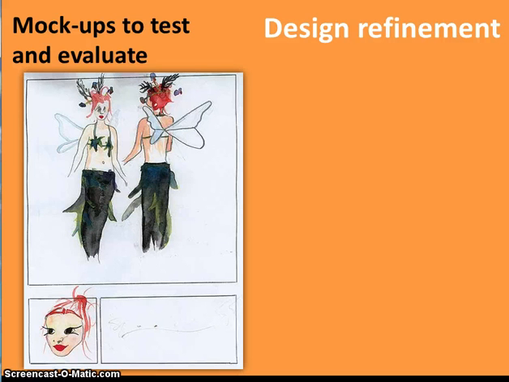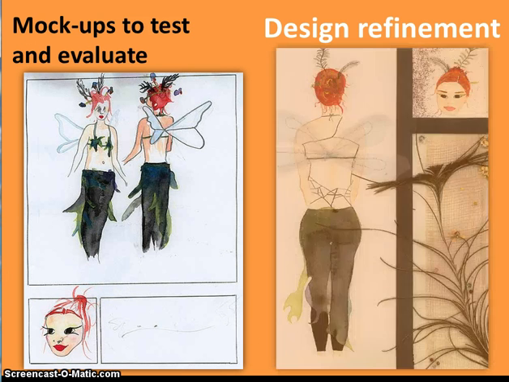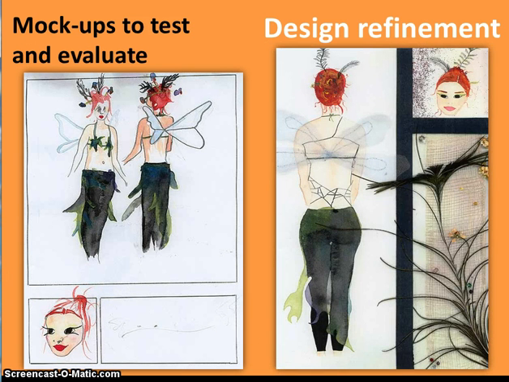So her SAT communication need was to design a costume for the singer Tori Amos, and here she's indicated on the mock-up which method she's using, which is painting, and the media that she's going to use, in this case watercolour, and she's practiced it so we can get a very clear idea. She's shown front and back of the costume. She's also given us an indication of the layout of the final presentation and how she's divided up and gridded up the page. And then this was her final presentation.